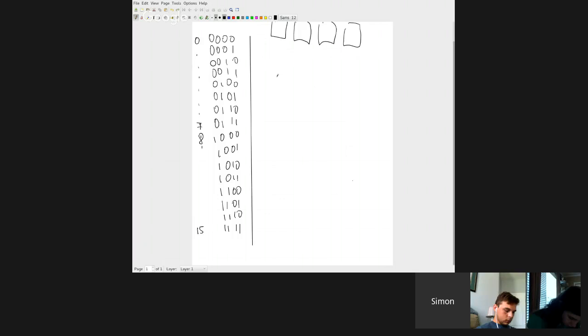And let us say we want this memory to continuously represent numbers 0, then 1, then 2, then 3, all the way to 15, and from 15 it goes back to 0. Okay, so at first it has all zeros, next it has 0, 0, 0, 1, then it has 0, 0, 1, 0, and so on and so forth.